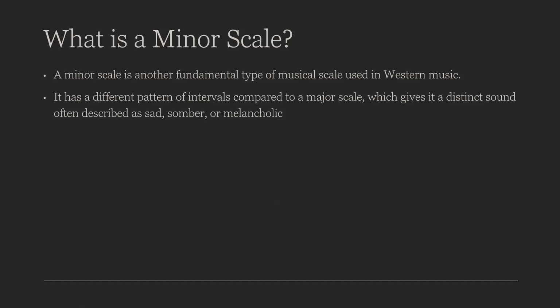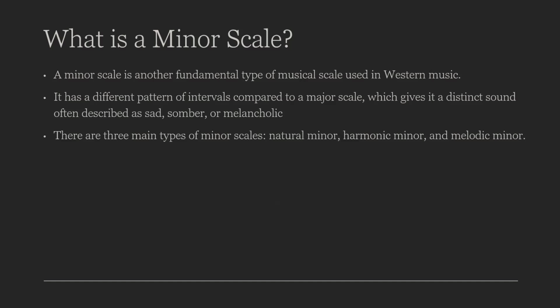I'm going to demonstrate this phrase shortly. When you are in a minor scale or a minor key, the music sounds sober, sad, and melancholy in nature. So let's continue.